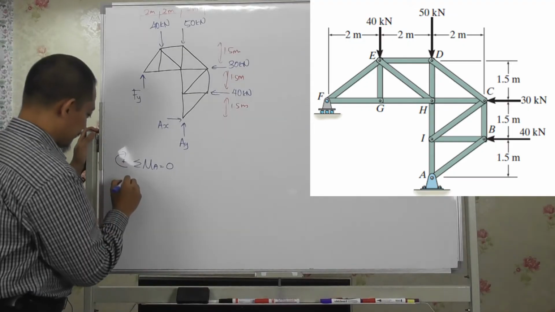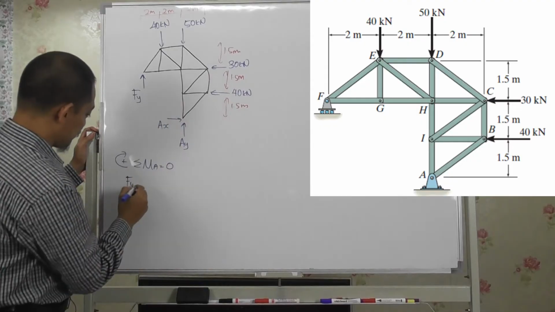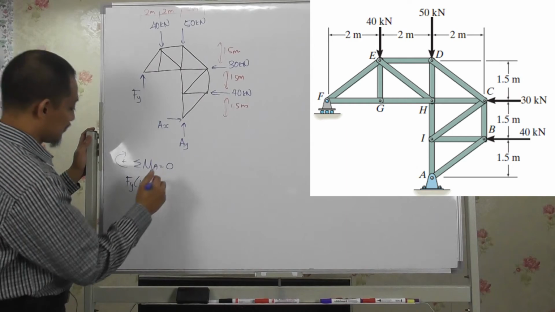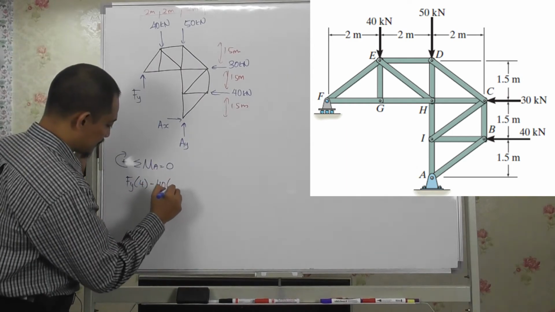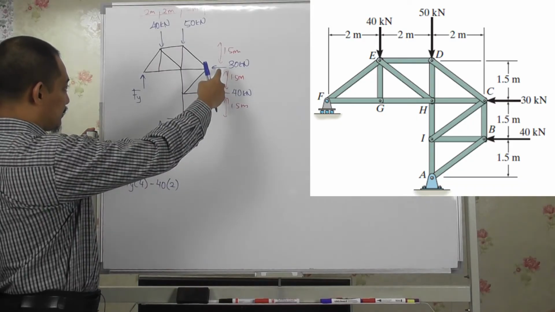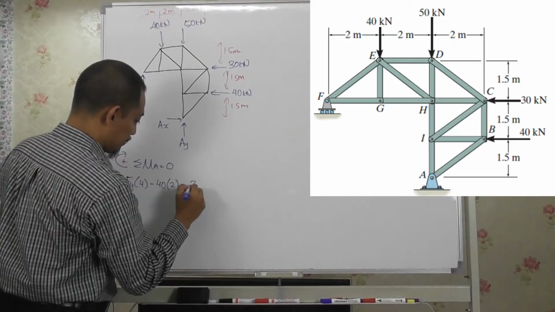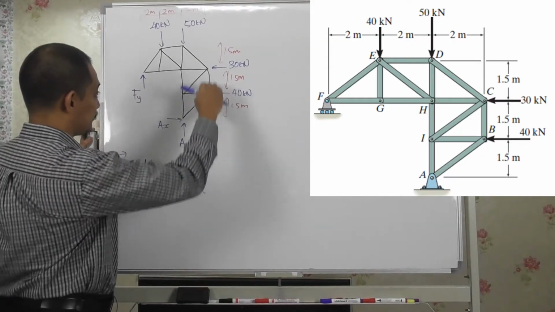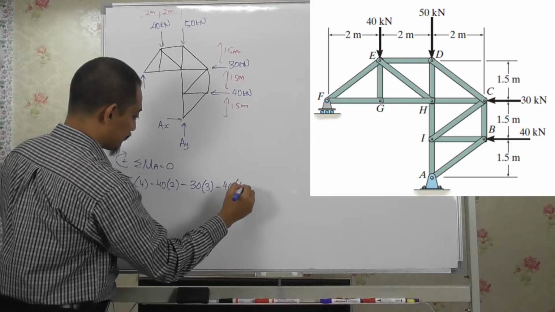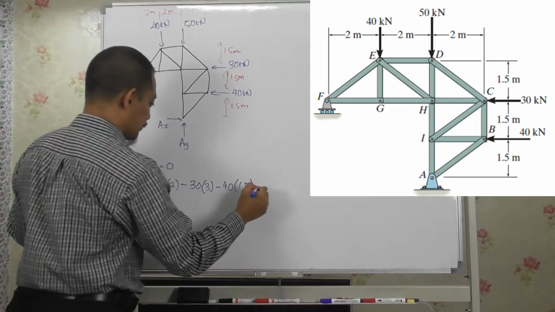So you'll get Fy times the distance of 4, and then minus 40 times distance of 2, 50 goes through that, and then 30 is counterclockwise, so minus 30 times distance of 3, minus 40 times distance of 1.5, this one goes through point A, so equal to 0.